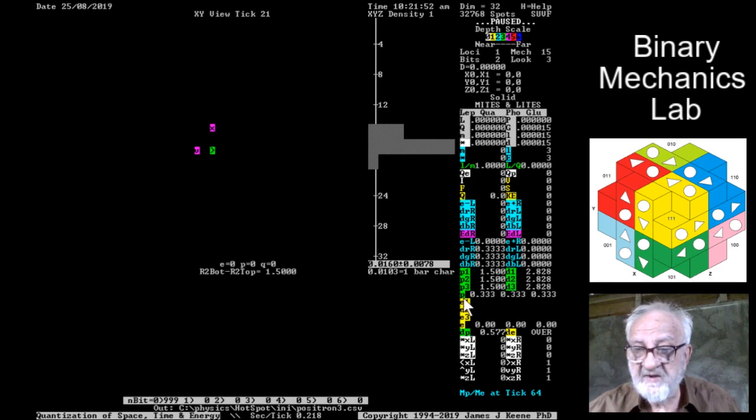There's nothing for the electron positions because there are no bits in the electron bit cycle. This is the amount of displacement from the previous tick, and here is the distribution of 1 quanta each in the right-handed spots.